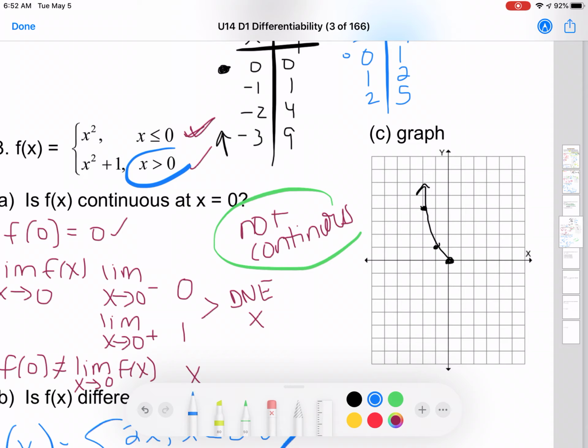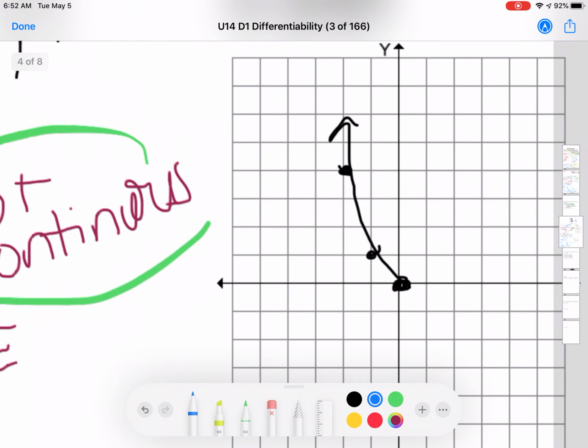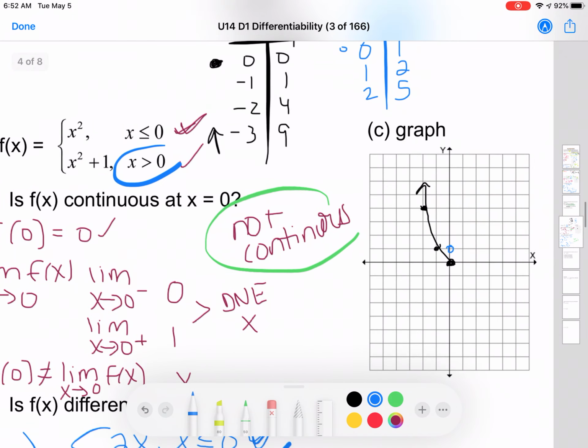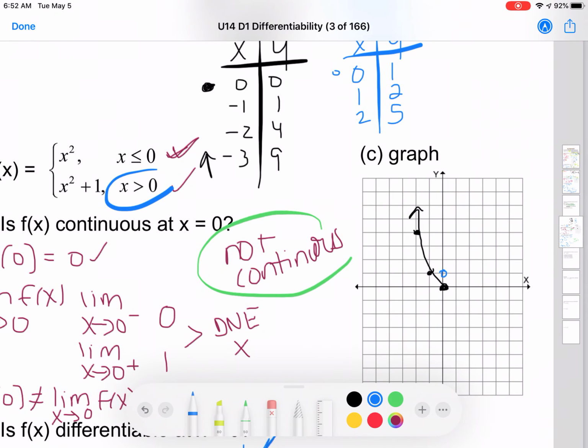So now I'll do this one in blue. So 0, 1, and that's an open circle. 1, 2, and 2, 5. And we know that that's parabola-ish as well. The arrow was at the end here.